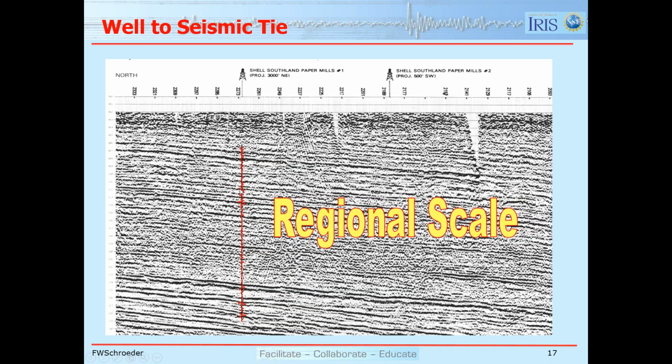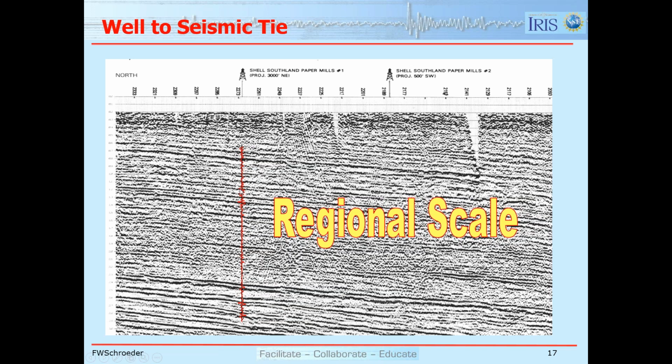The type of source that you use is something that the acquisition and the processing people will try to work together on, so that the type of source doesn't really impact the geologic information in your seismic section.